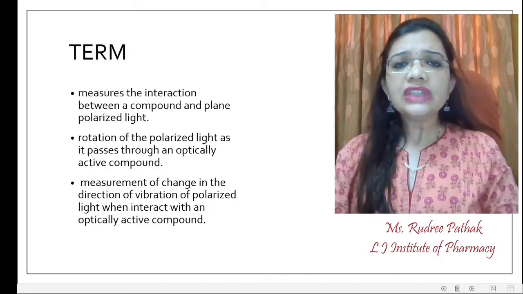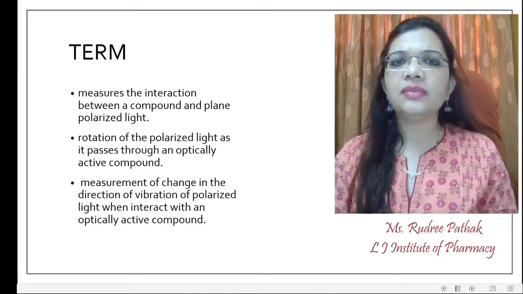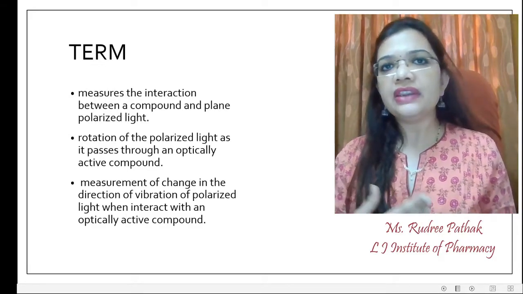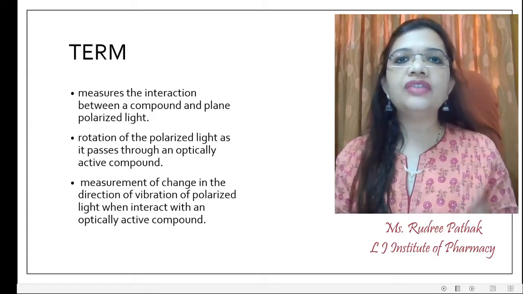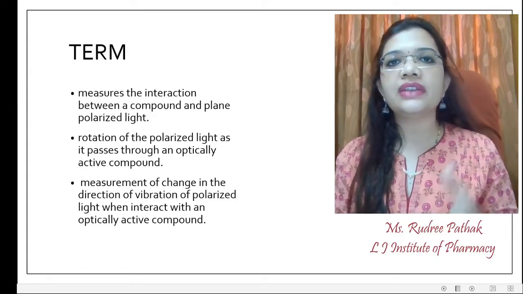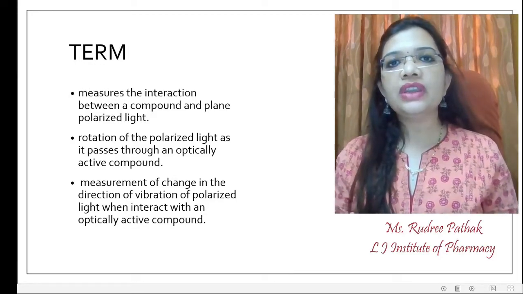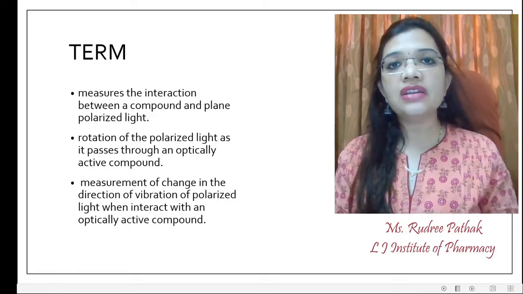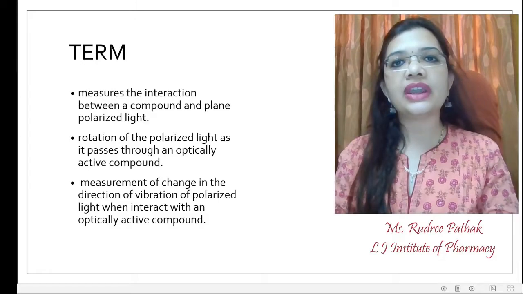So let us first understand what optical rotation is. So what's in the term? There are various definitions available in the literature. Out of that, we have quoted three in the presentation that you can see right now. Optical rotation is basically the interaction of an optically active compound with plane polarized light.